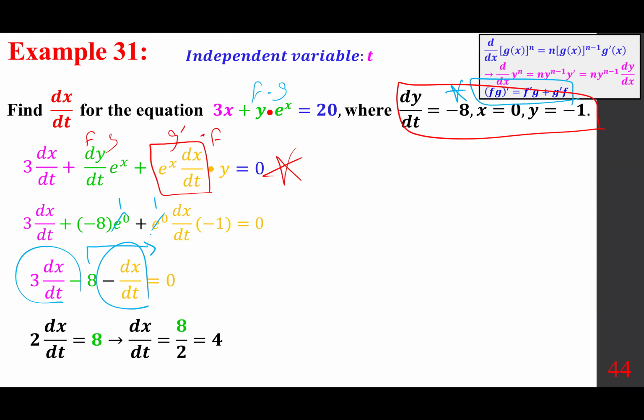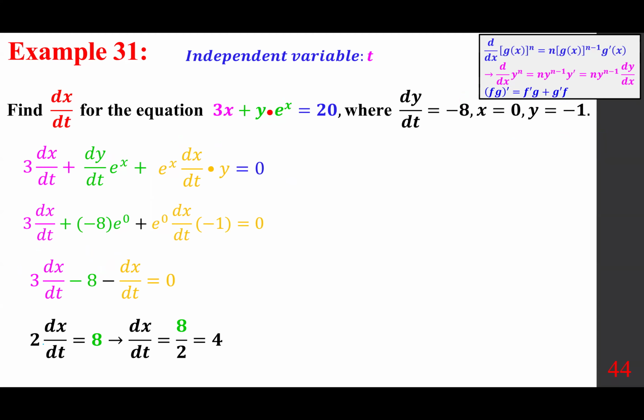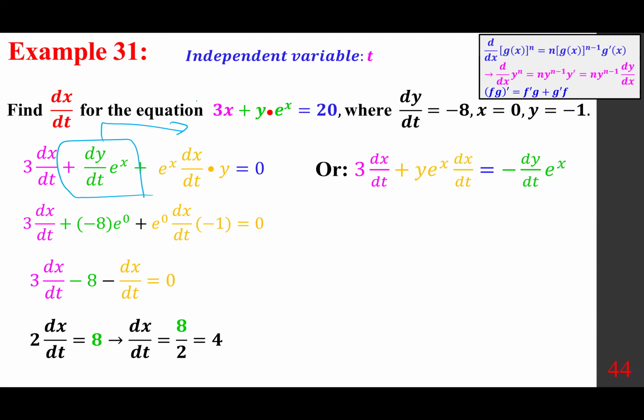Now, the second method is to actually solve for dx/dt, which means this piece moves to the right, becomes negative. Everything else remains.